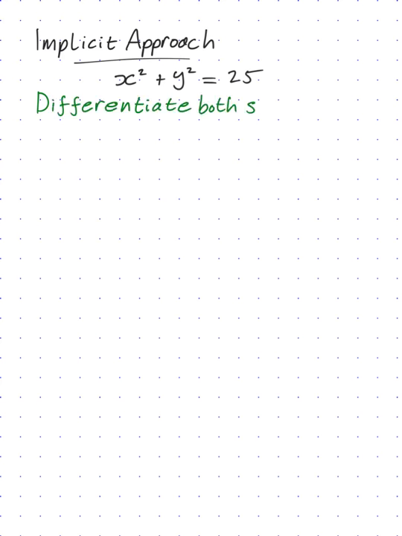Next, we try the implicit approach to the same problem, where we leave the equation as it is, and then we differentiate both sides with respect to x, and then solve that resulting equation for the derivative dy/dx. So I say d/dx of the left side is equal to d/dx of the right side.